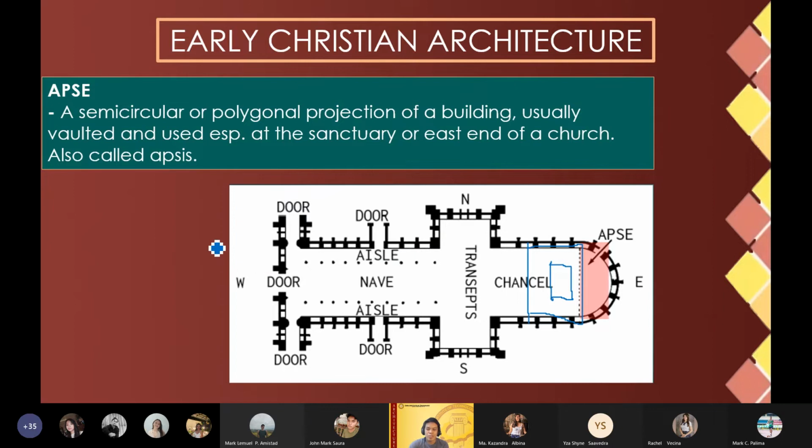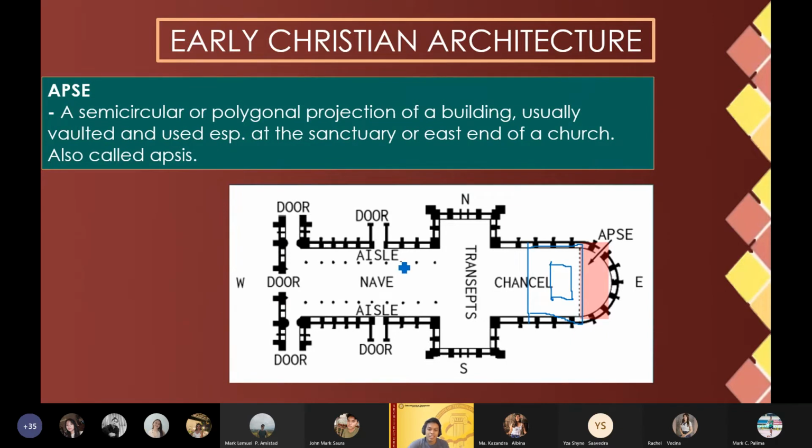Some of our churches, if you check on Google Maps, most of our churches are also oriented like this. The altar is along the east, and the door is at the west, with north and south on the sides. So try to check the churches in Cebu or within the Philippines.